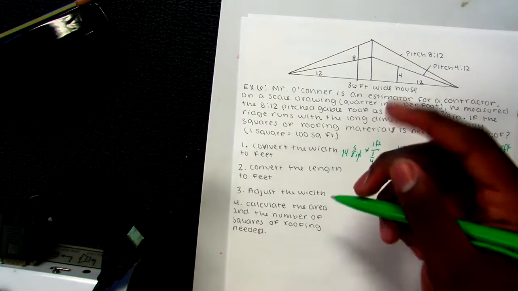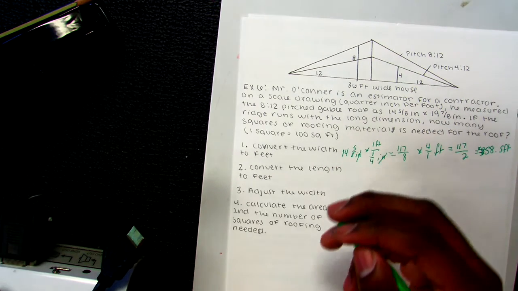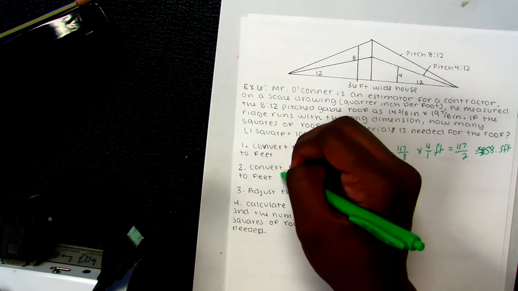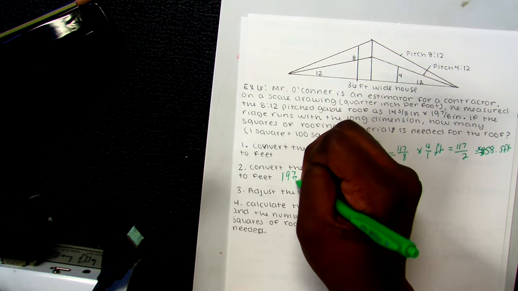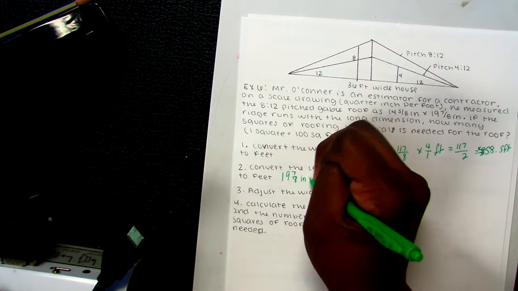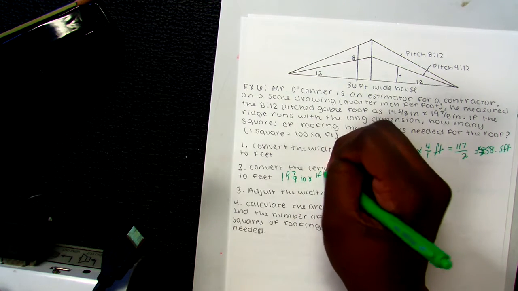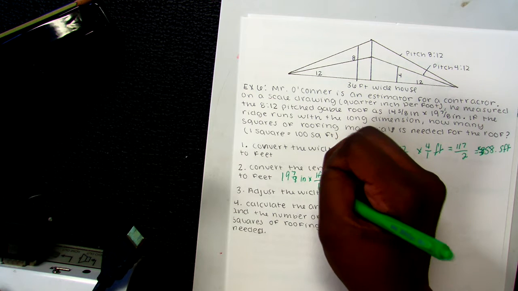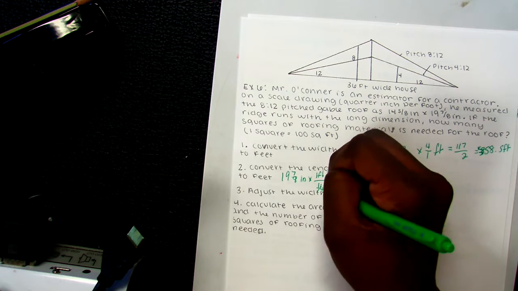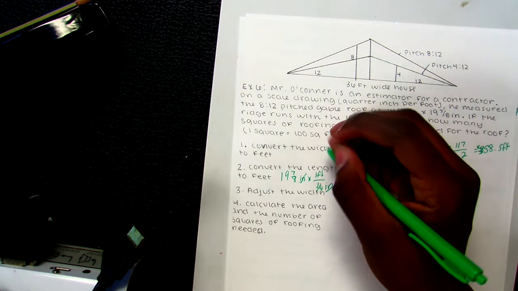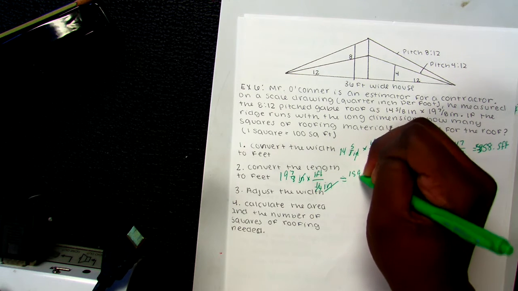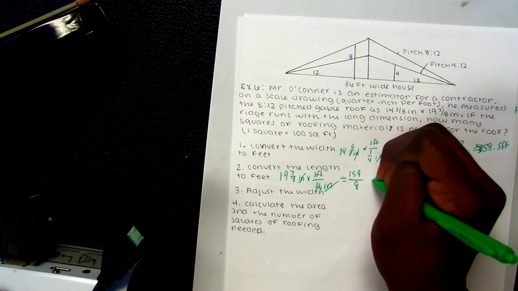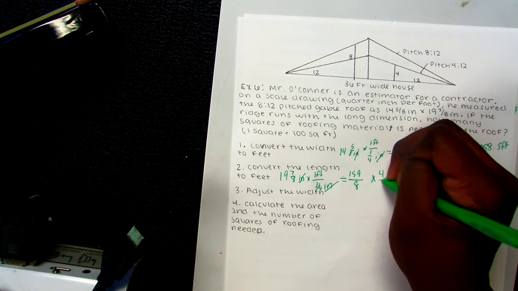Okay, now the second step is to convert the length to feet. So we would take 19 and 7 over 8 inches times 1 foot over 1/4 inch. We would cancel out the inches, and that would equal 159 over 8 times 4 over 1.